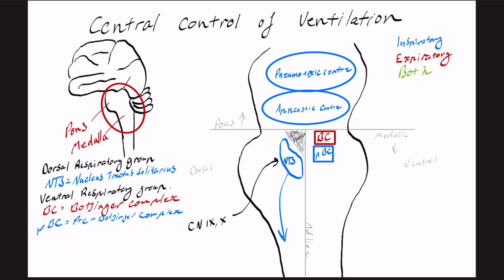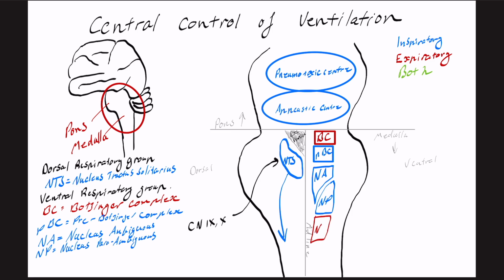Essentially, it commences the inspiration. And they're active during normal tidal breathing, while the nucleus ambiguus, the nucleus paraambiguus and the nucleus retroambiguus are more associated with active breathing, so involved when you need to take more active breaths in and active breaths out, because expiration is generally passive.